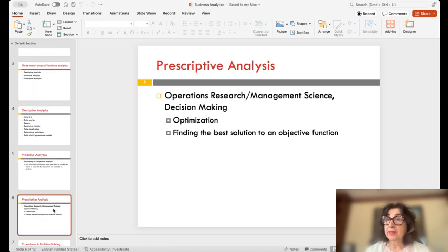Next is prescriptive analysis. This is actually taking us even further than what we have done so far, and this helps us in terms of optimization and finding the best solution to an objective function.